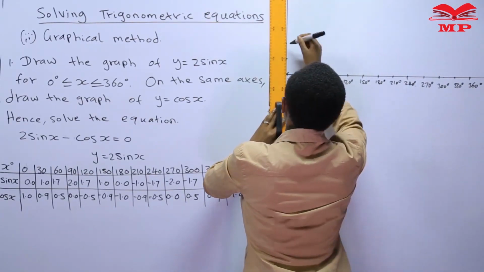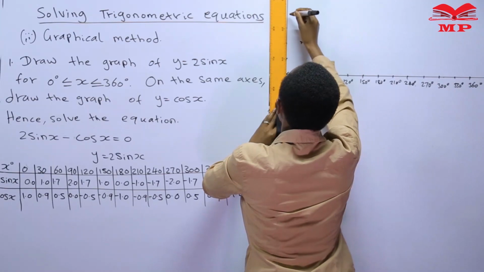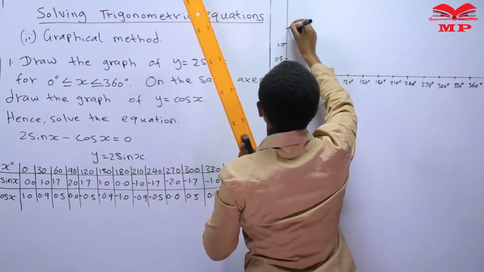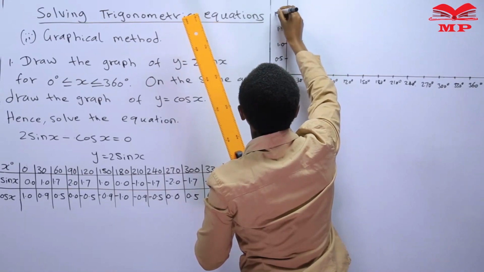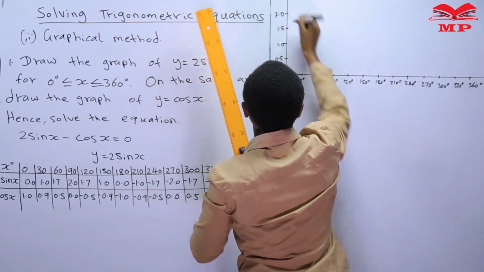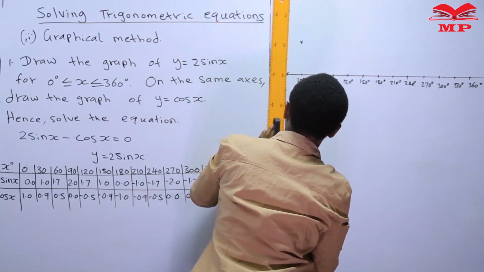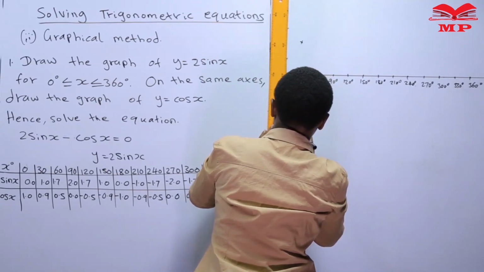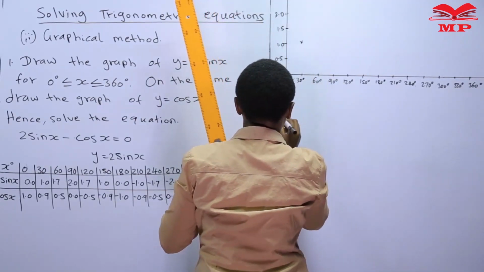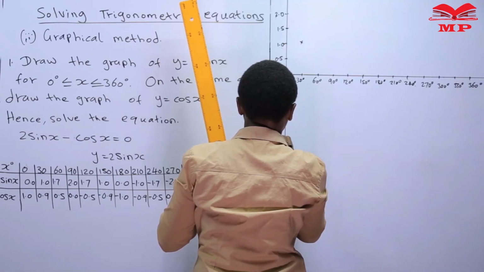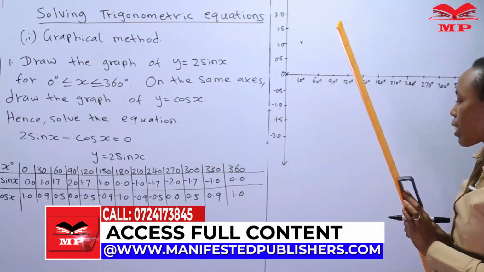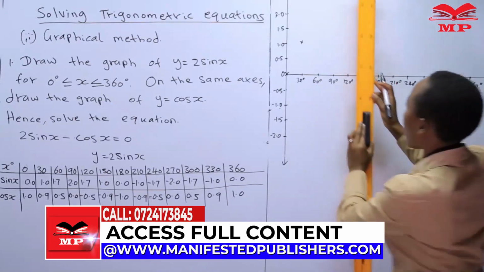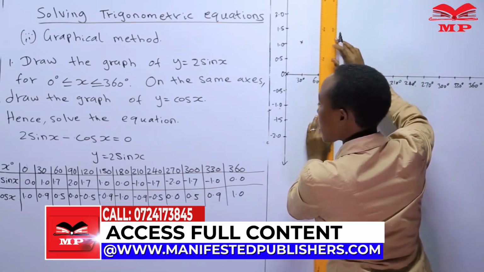This is 1.5, 2.0. Again on the other side, we need to add this. We have -1.5, -2.0. Our highest value is 1.7. So we have 60 degrees.